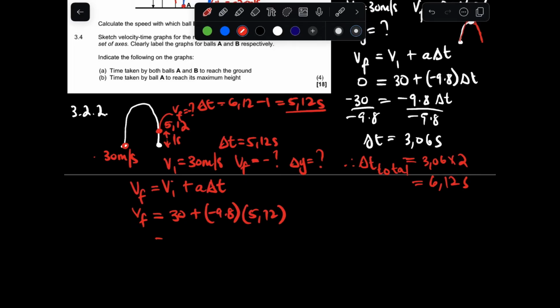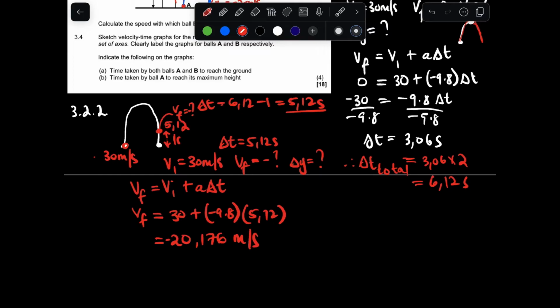So the final velocity at this point, at the last second there, is negative 20.176 meters per second, right?